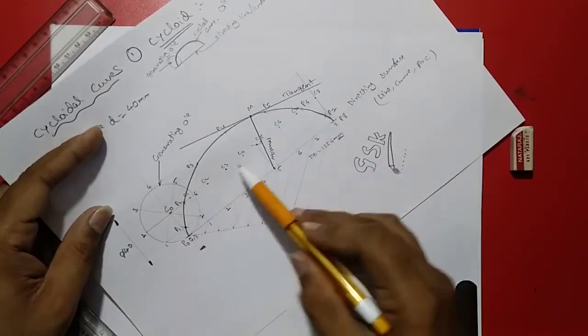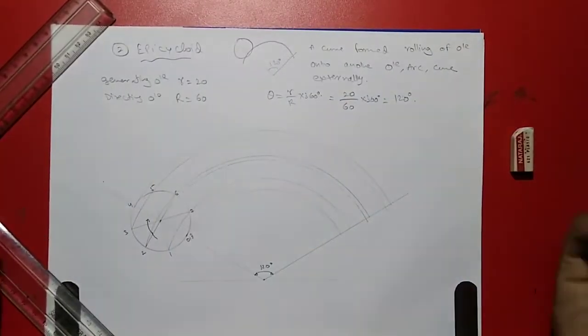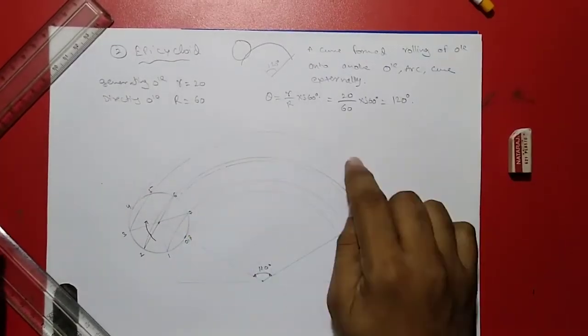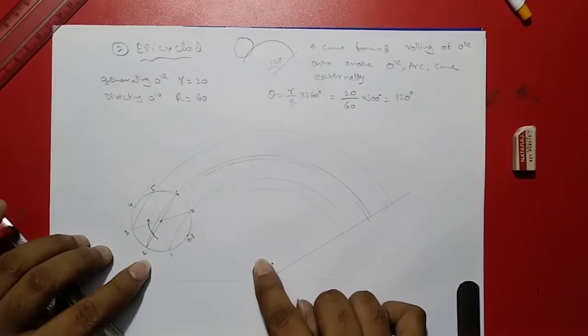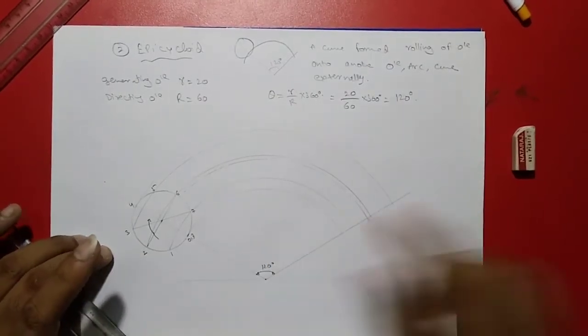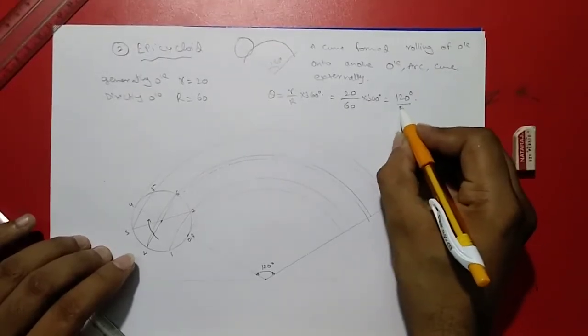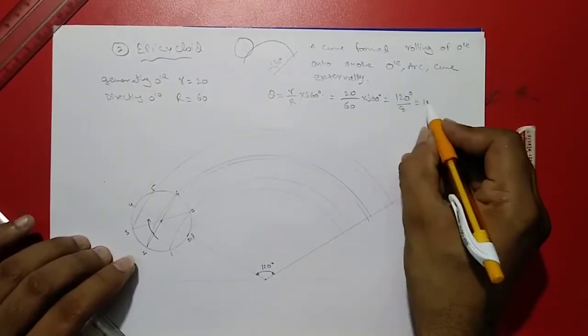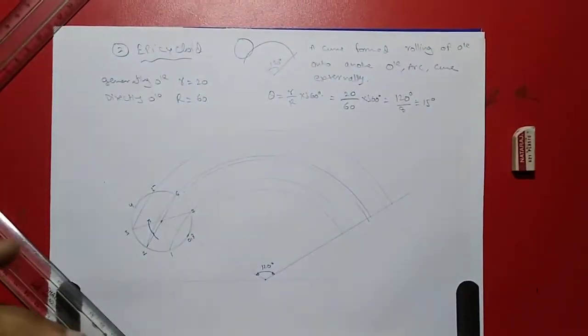But here the center line is not passing through 2 and 6, so we have to draw the extra center line from here, and divide this sector into 8 equal parts. So 120 degrees by 8 parts gives 15 degrees, right?